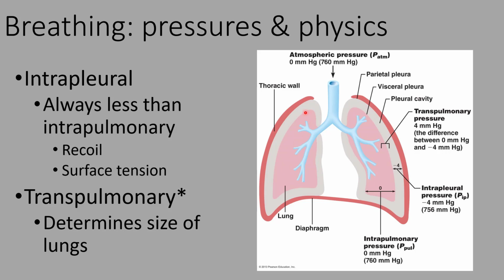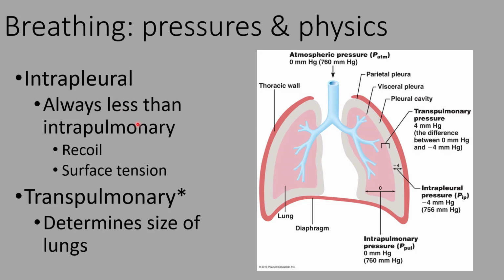Well, we said one layer lies directly on the surface of the lung, the visceral pleura, and the outer layer, the parietal pleura, lies against the thoracic wall, the wall of the rib cage, and the space in between was where we found pleural fluid. Where that pleural fluid is, in between the visceral and parietal pleural layers, that is the intrapleural pressure.